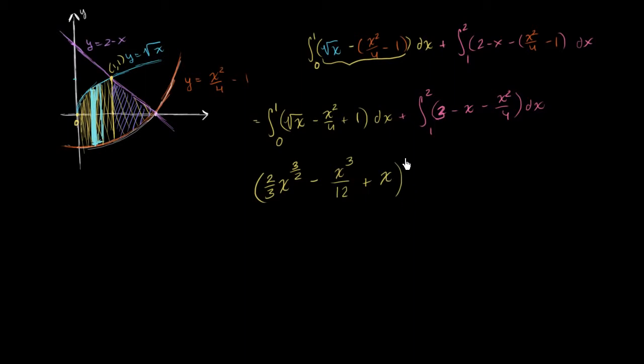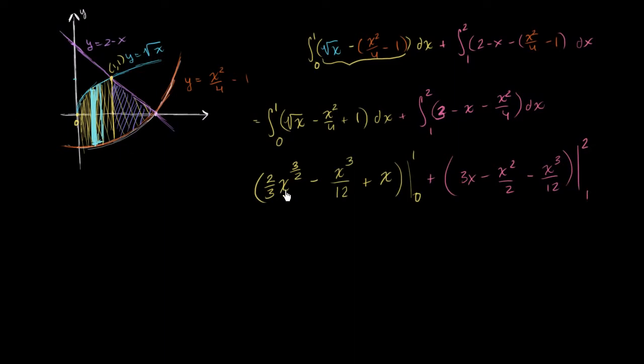We evaluate it at 1 and 0. And here, the antiderivative is 3x minus x squared over 2 minus x to the 3rd over 12, and now we evaluate at 2 and 1.